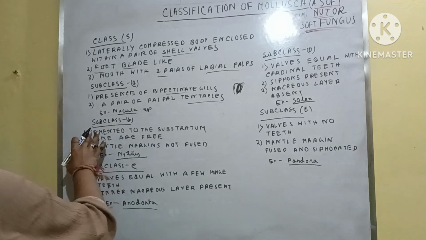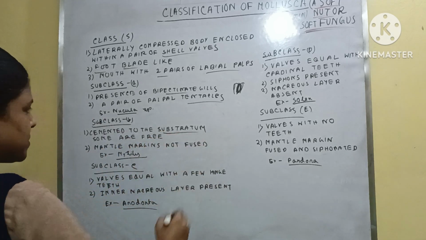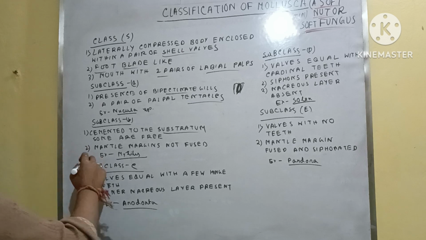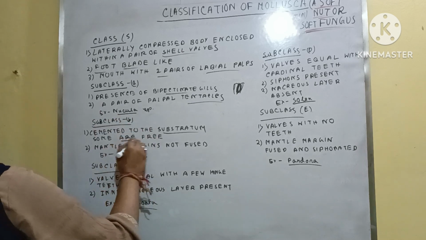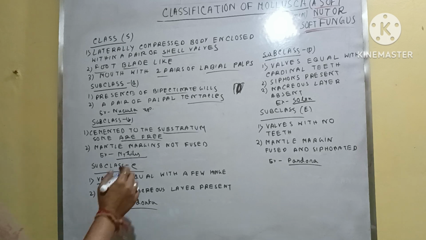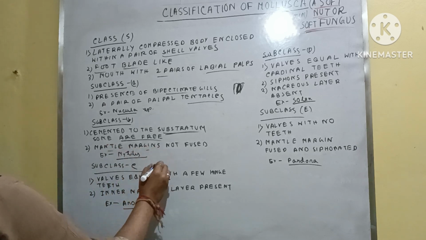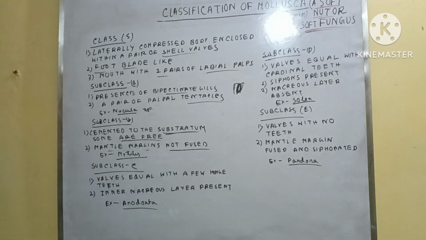The features are a cemented body attached to the substratum, or sometimes some are free. Maximum are attached to the substratum, but some are free. Second one is the mantle margin not fused. Example is Mytilus.